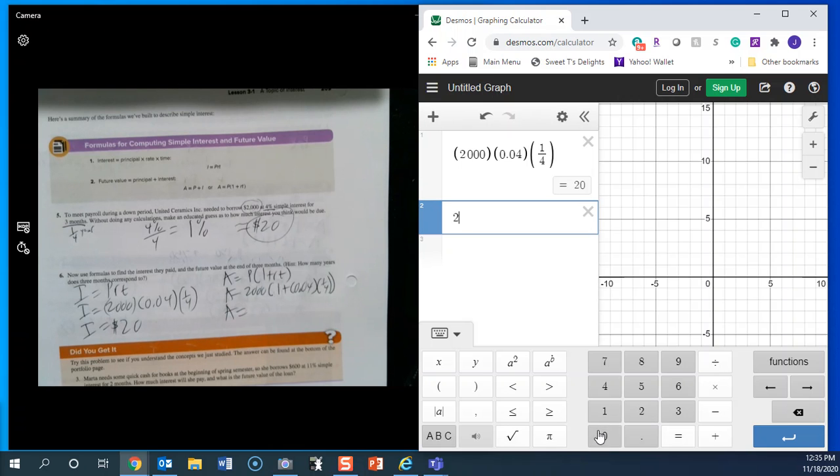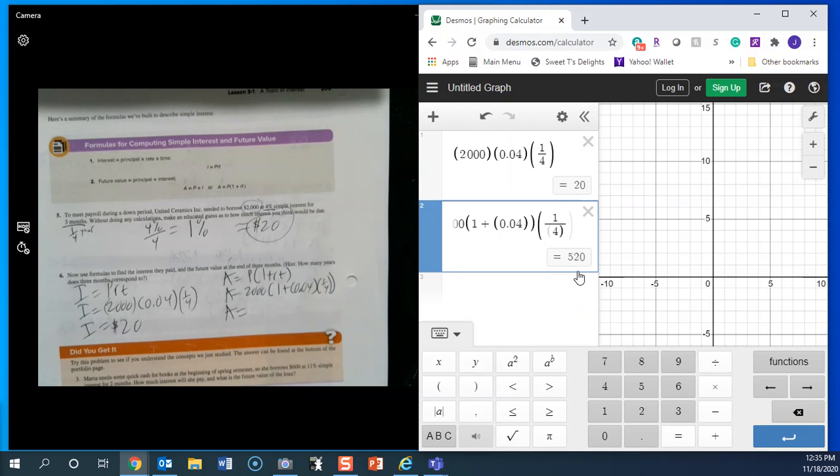You add 2000, parenthesis, 1 plus, an open parenthesis, 0.04. And then we would close that parenthesis. And then we would do another open parenthesis of 1 divided by 4.